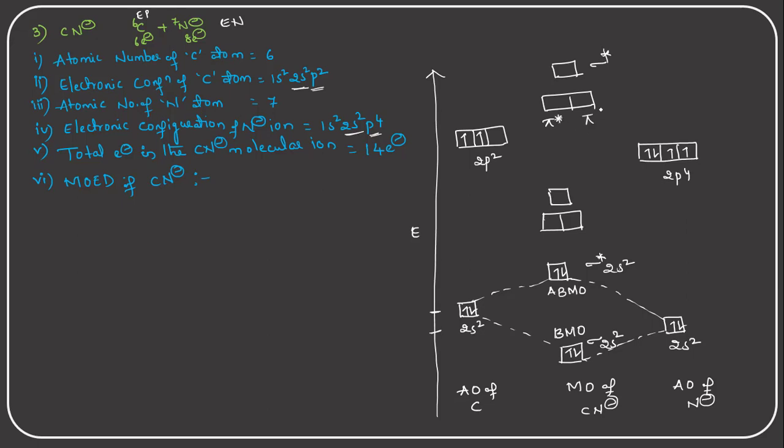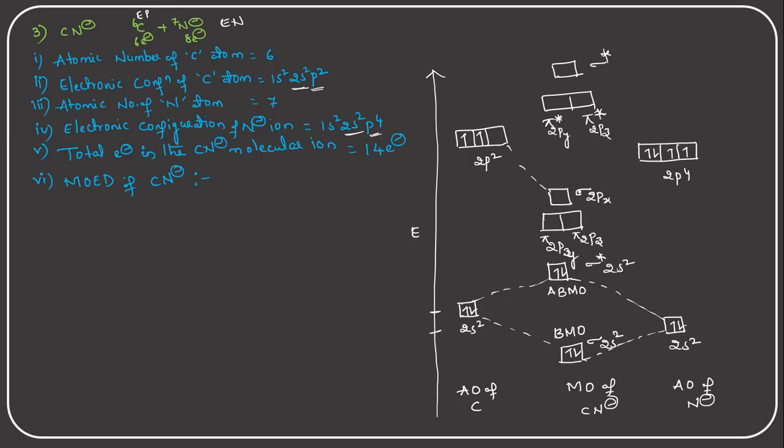This is also a pi star orbital, of 2py and 2pz. So this is the pi orbital from the combination of 2pz, and this is the combination of 2py, and this is the combination giving the sigma 2px orbital.